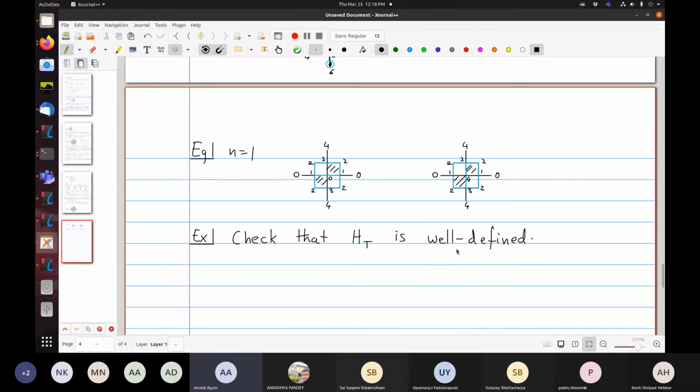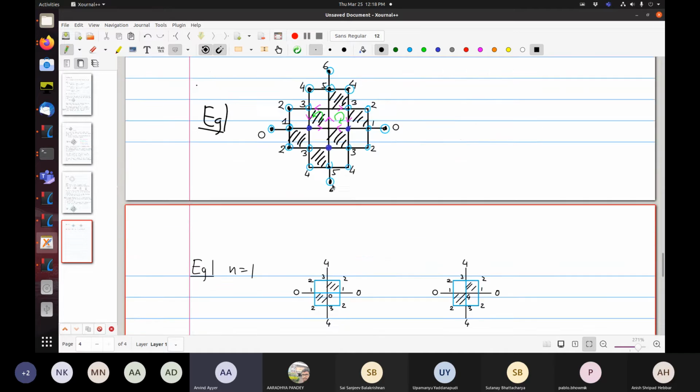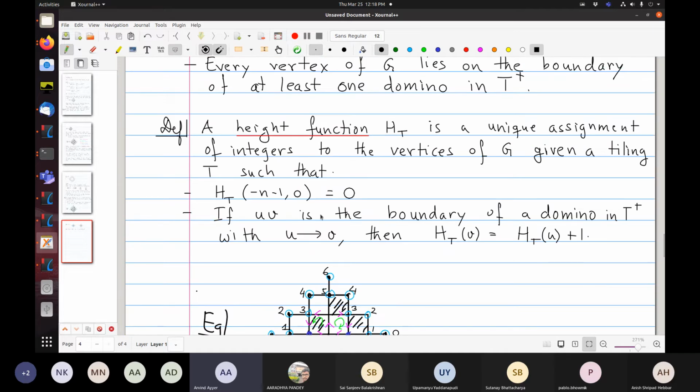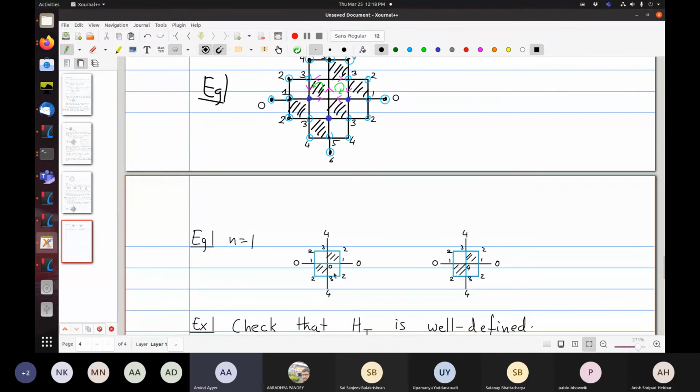It's not hard. One thing to note is that for every domino there is exactly one edge in the interior which is not the boundary of the domino. So this rule of assigning the height function cannot be applied to that edge. So that's these two edges over here and these two edges. So that's what determines the height function.